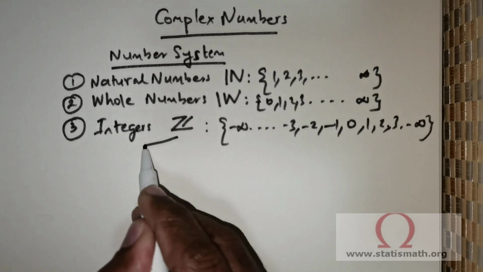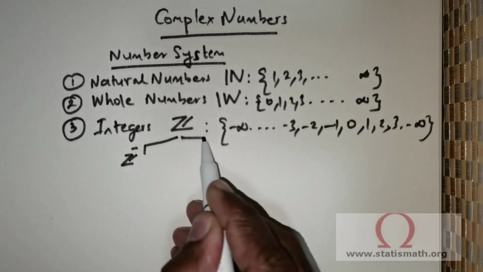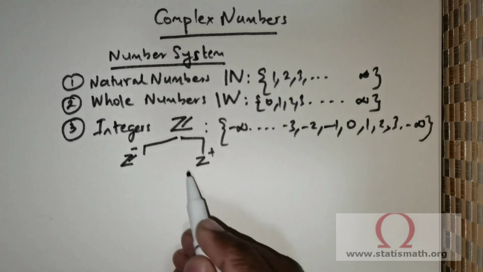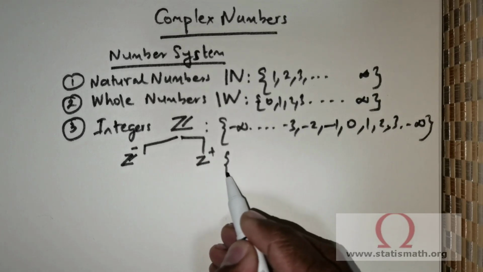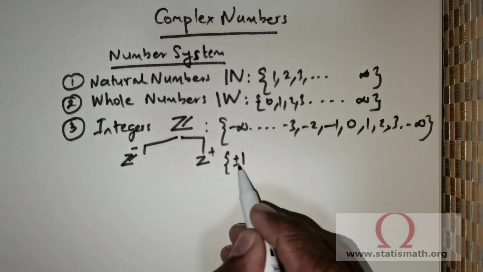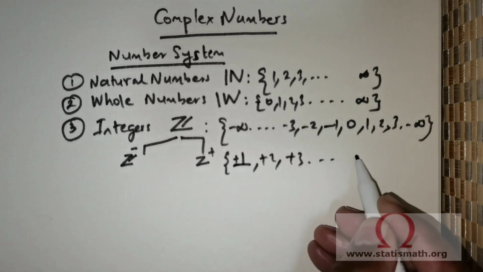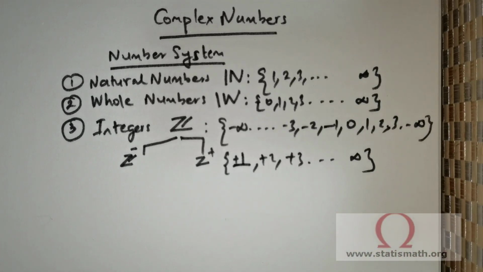In integers, you have negative integers and positive integers. Positive integers start with plus 1, plus 2, plus 3, and go on up to infinity.